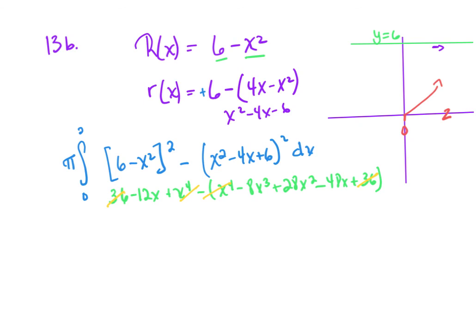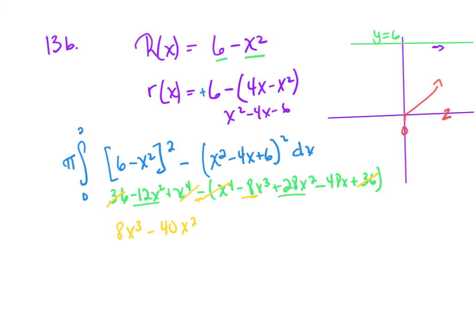You are subtracting here, so minus a negative 8x cubed is a positive 8x cubed. Minus a 12x squared and minus a 28x squared is where we're going to get our negative 40x squared.